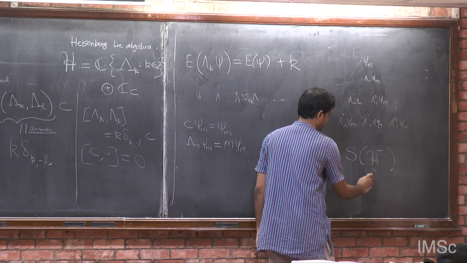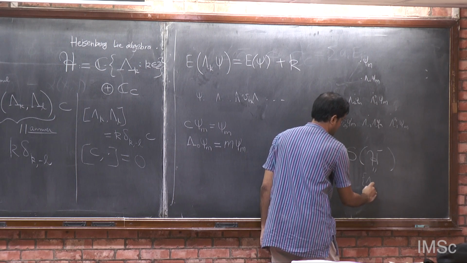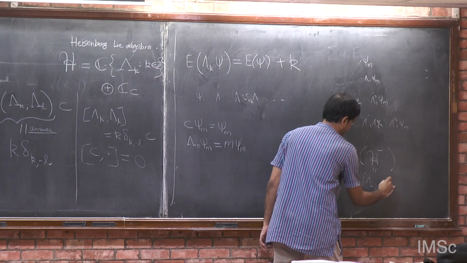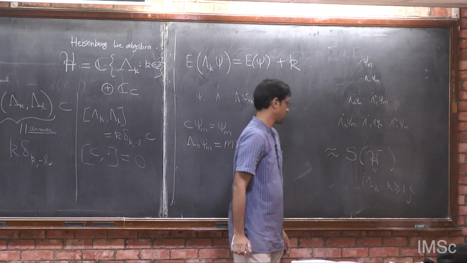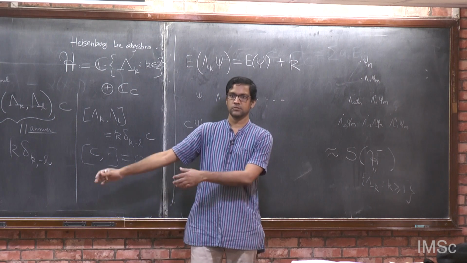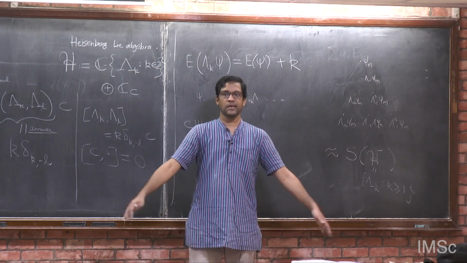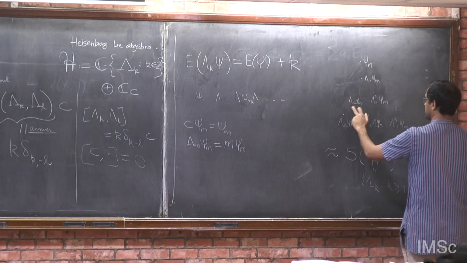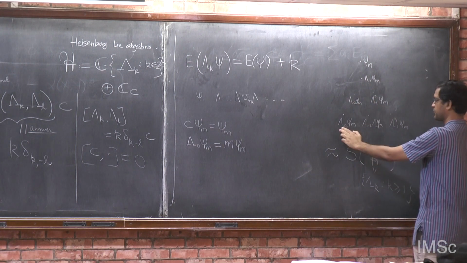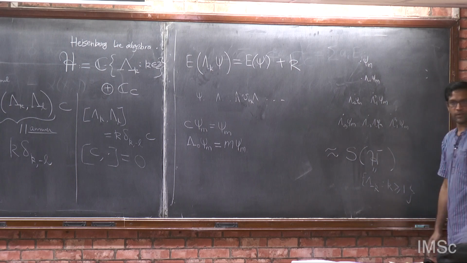This negative portion is just all lambda minus k, k greater than or equal to 1. So just take all the negative modes and take the polynomial algebra generated by them, meaning just all these possibilities, lambda minus 1, think of them as commuting variables, commuting operators, and just keep acting them in this way.